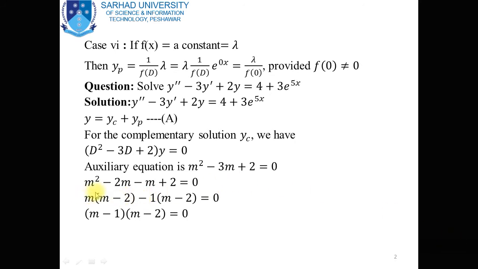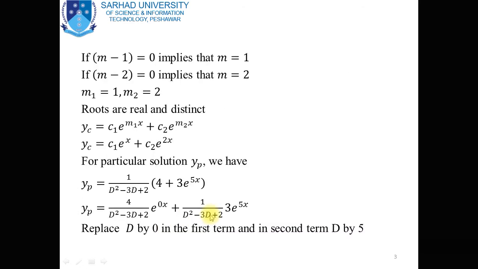So we can write m into m minus 2 minus 1 into m minus 2 is equal to 0. Now again we can write m minus 1 into m minus 2 is equal to 0, and this implies that m minus 1 is equal to 0, which implies that m is equal to 1, and m minus 2 is equal to 0 implies that m is equal to 2.